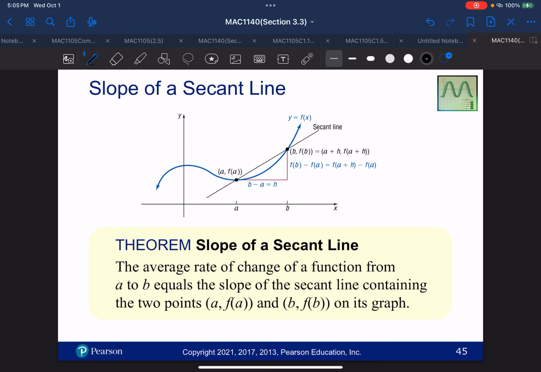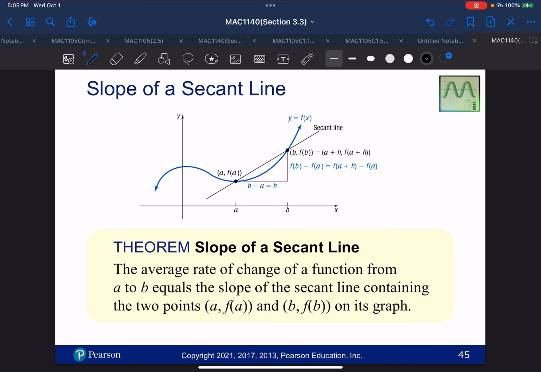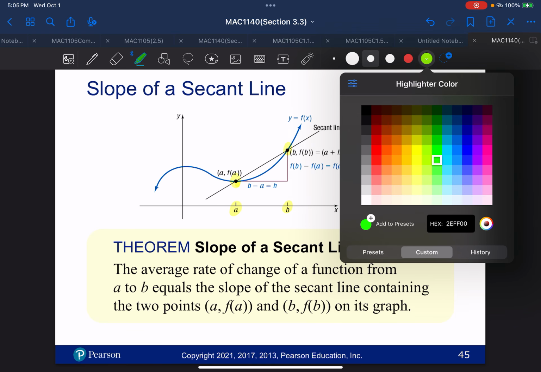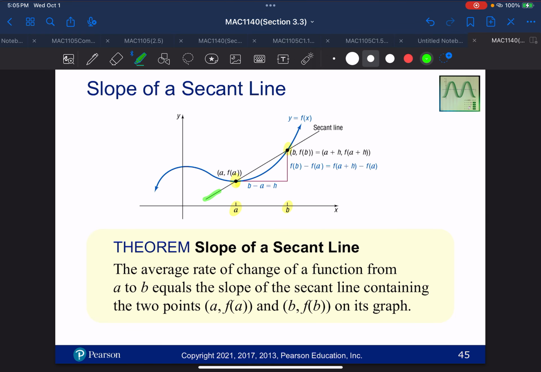Okay, so here is a picture of that, kind of like that graph that I was showing you. We have our x values from A to B, and then their corresponding points. If we connect those two dots using a line, this would be called the secant line.